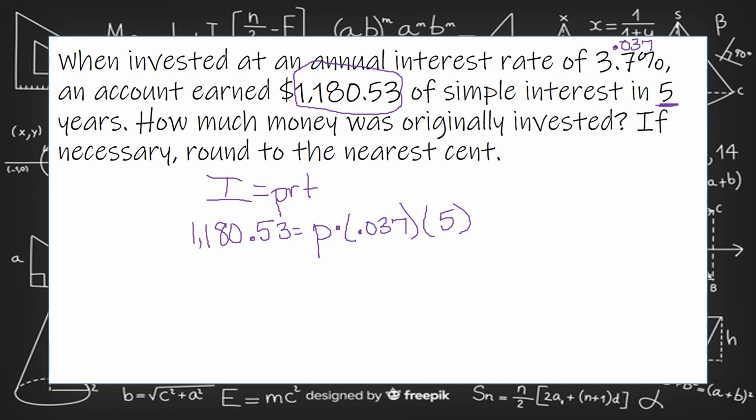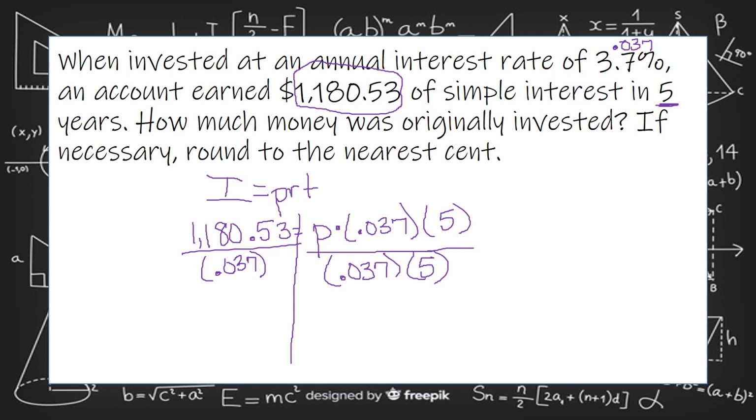So since we need the P by itself, and these other two things are being multiplied by it, we're going to divide both sides by those. And you can do one at a time if you want, or you can do both at one time. Does not matter because they are being multiplied down there on the bottom of that division sign.